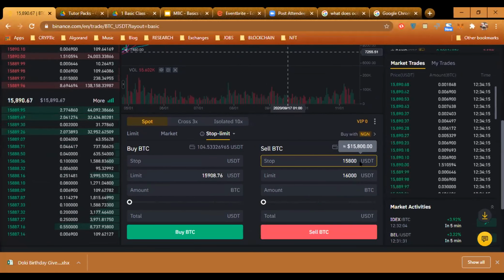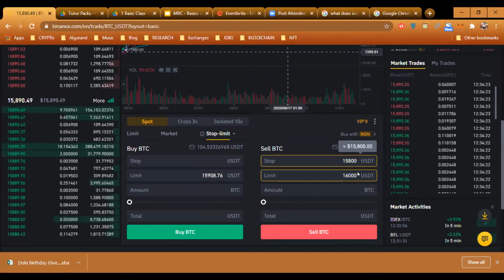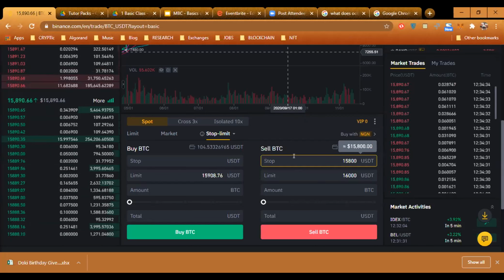Because if it doesn't execute this 16,000 USDT trade, and Bitcoin instead drops to $5,000, I'll lose the value of my BTC asset. So to prevent that from happening, I'm going to use a stop limit.